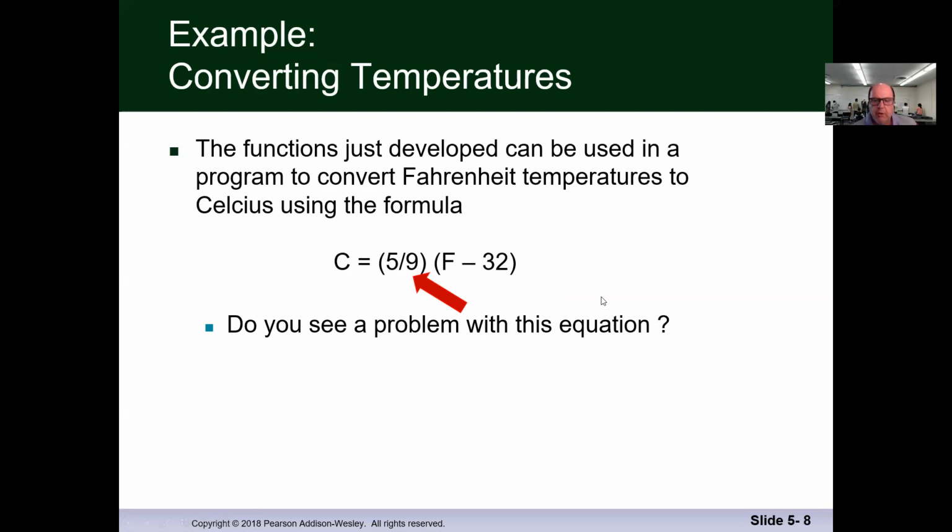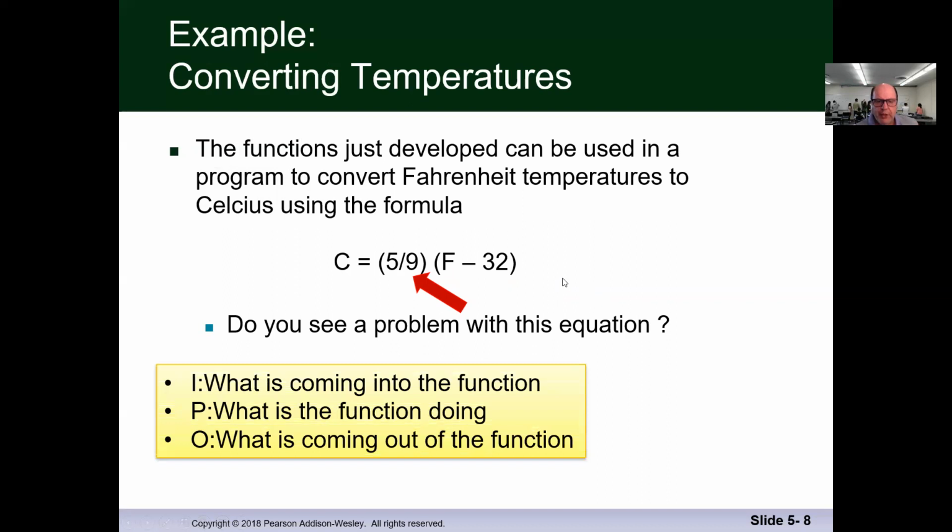Now, next step is, if I want to create a function, what is the description of this function? It's going to calculate Celsius based on the Fahrenheit. So calculate Celsius would be a good name for it. Your book decided to use Celsius for the name of it.